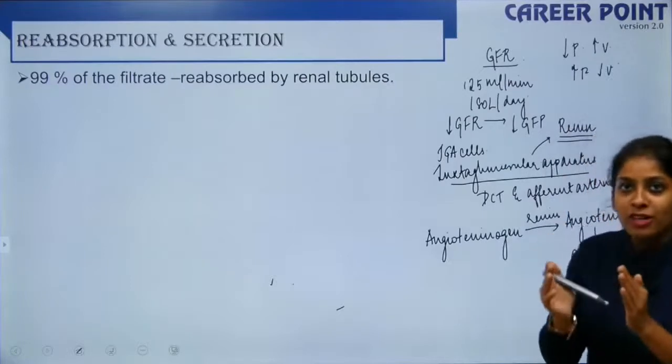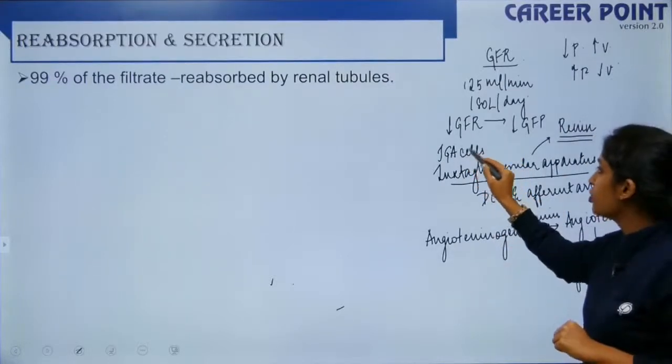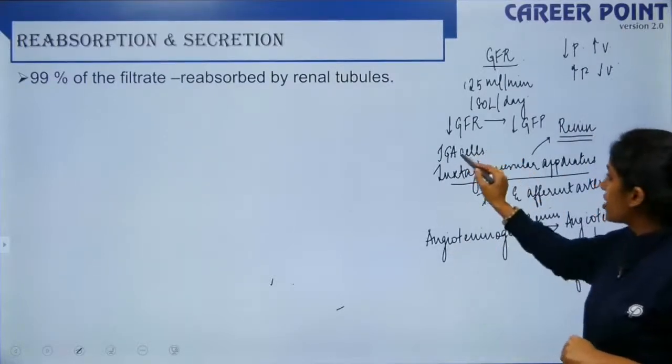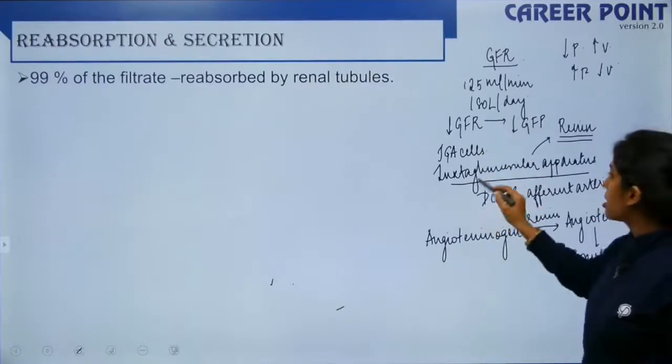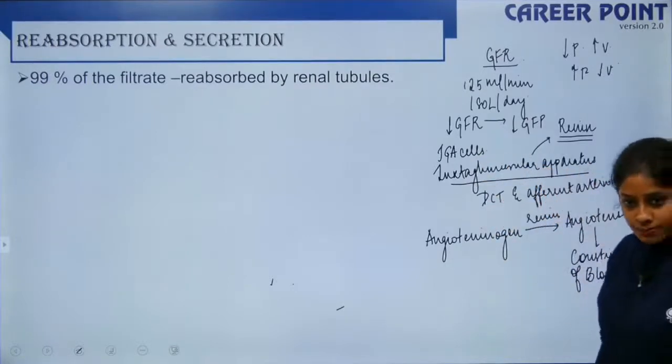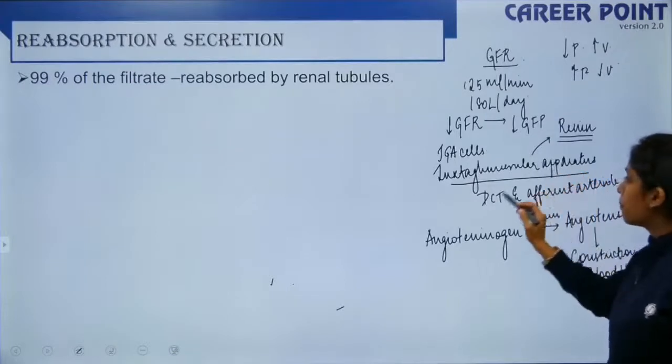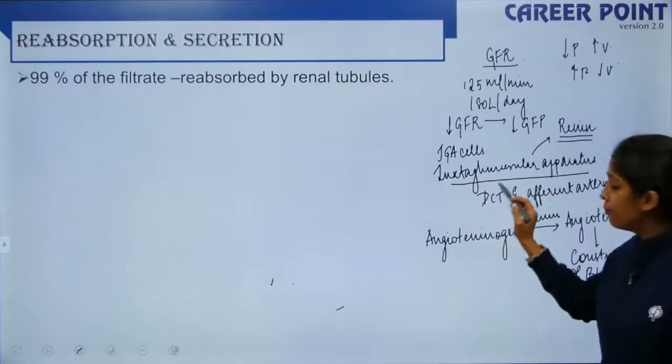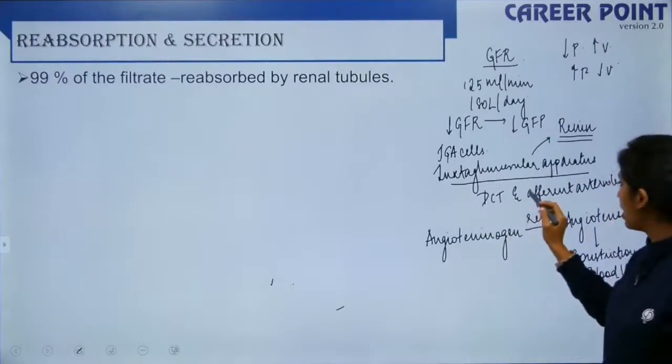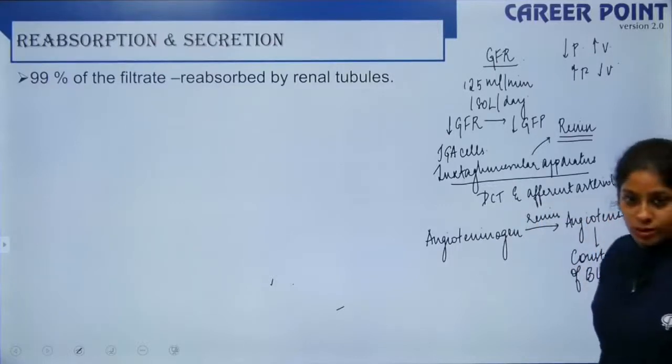You have a group of cells known as JG cells. JG stands for juxtaglomerular apparatus. These cells are present in the junction between your distal convoluted tubule and your afferent arteriole.